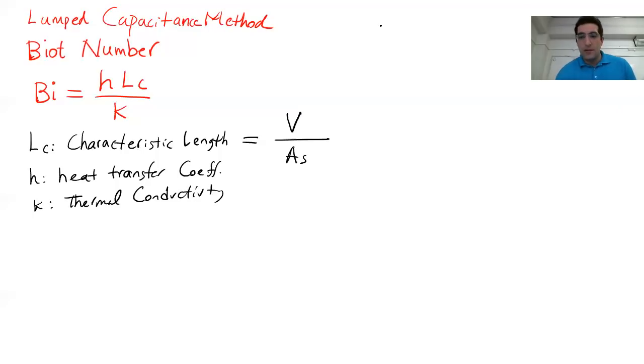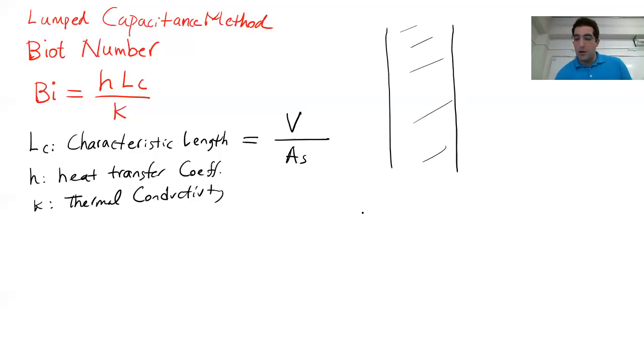Now let's consider this wall again, that was initially at Ti and then suddenly starting at t equals 0 and onward it becomes T1, remember? Let's assume in another form that this is the wall. On the right hand side, you have a fluid moving.